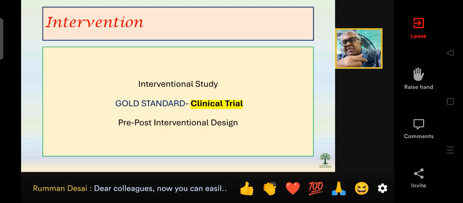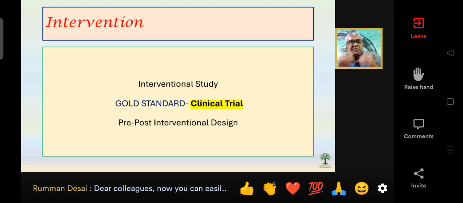Now, maybe you're just applying a particular intervention on all subjects. In that case, you can still do a pre-intervention compared to post-intervention study, a pre-post interventional study design, where all subjects get the same intervention.